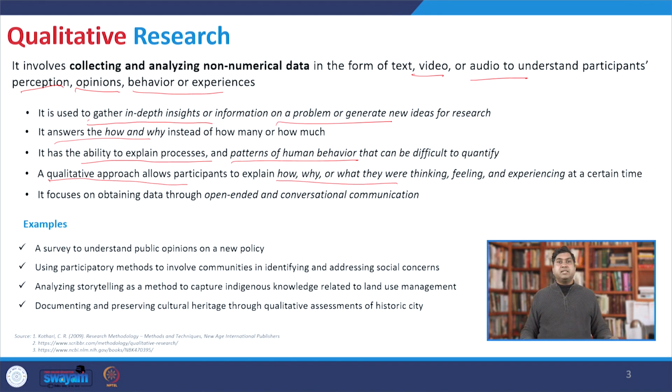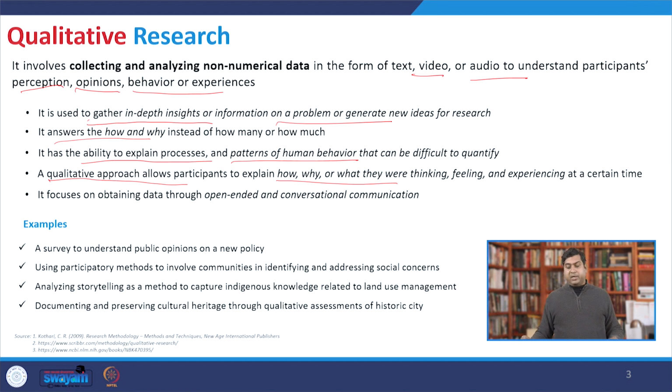Now when you go and interact, tell me something about the current issue of climate change or global warming, you interact with certain experts and try to understand what the key considerations are, or you can ask what they think about the reasons for such change in the climate, or what causes global warming. You can then try to understand from those answers.